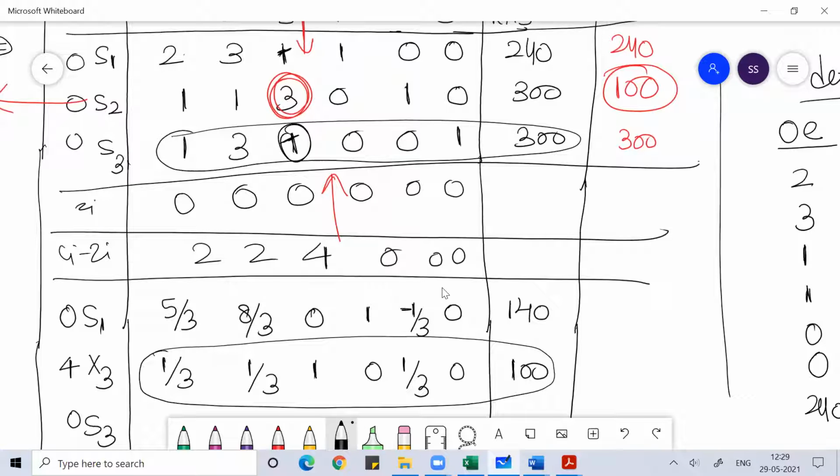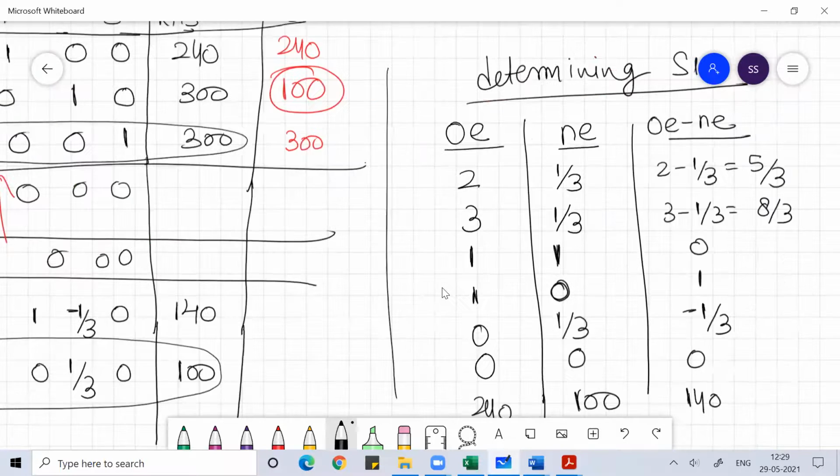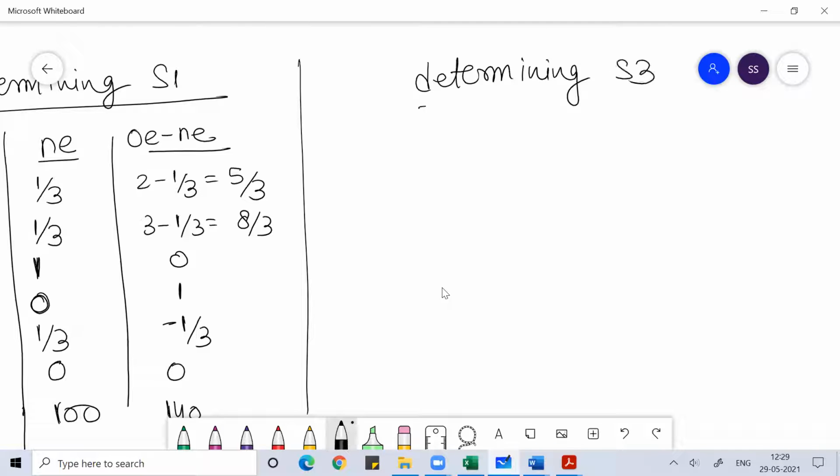That is called the constant value. So here I'll write down the old element for finding the value of S3.